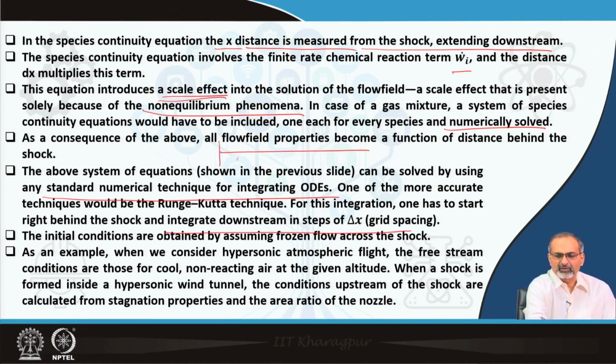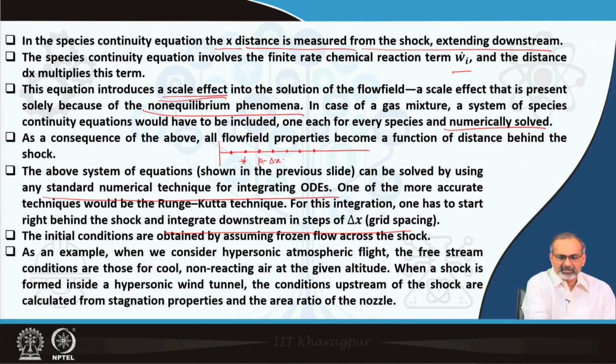So, if this is the shock location, then you essentially define points which are equidistant from each other at some small length delta x, and you keep integrating the governing equations along that line by incrementing the distance by delta x every time, and then you should be able to find out as a function of x how the flow properties are changing. So, you essentially cover the non-equilibrium regime, and where things stabilize and are not any longer changing as a function of x, you say that you have reached equilibrium conditions.